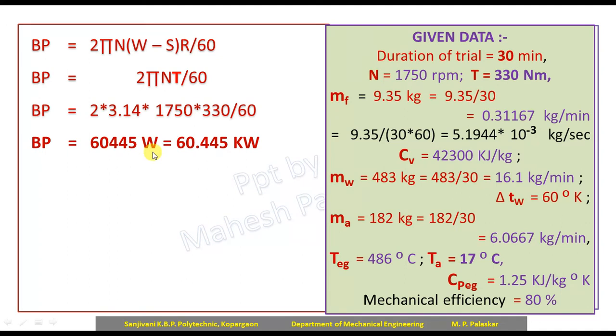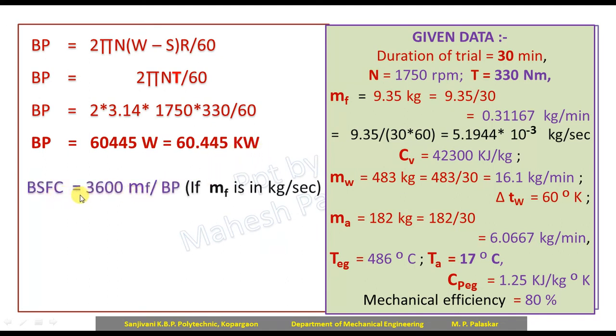The answer we are getting in watt because this torque is substituted in Newton meter. So this is not kilonewton. So here we are not getting kilowatt. Here we are getting watt. Okay. But we can convert this into kilowatt by dividing by 1000 and we get 60.445 kilowatt.